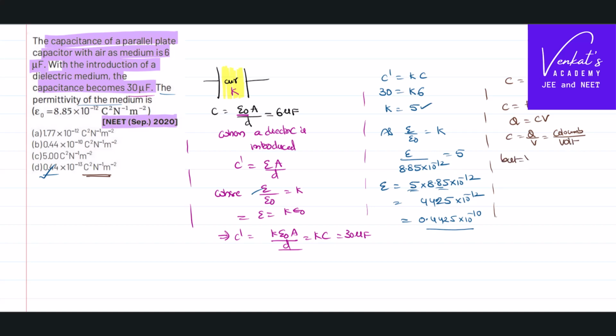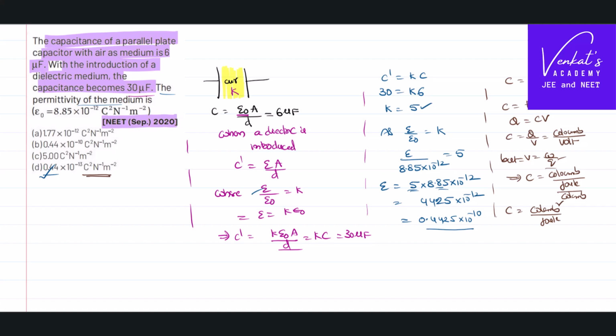But we know potential is defined as work done in bringing a unit positive charge. That implies capacitance C equals coulomb by work done per charge. Work is joule, and charge is also coulomb. So the unit of capacitance is coulomb square by joule.